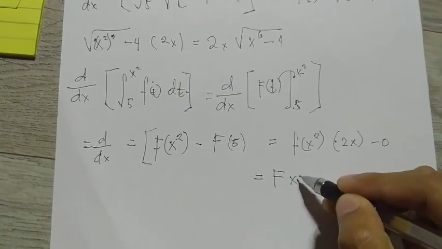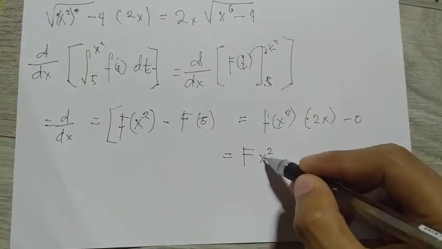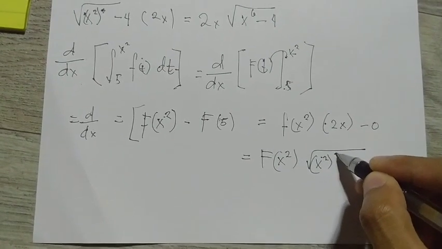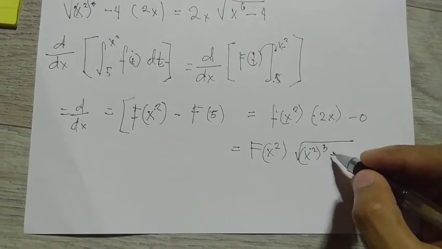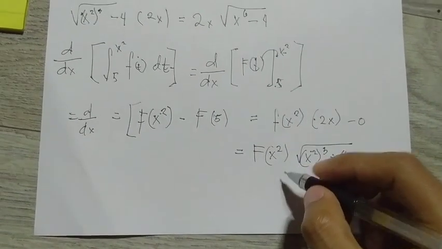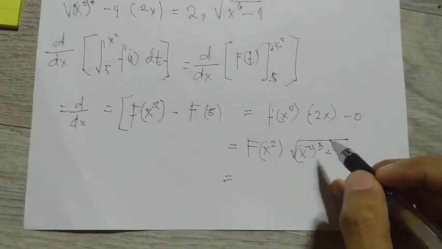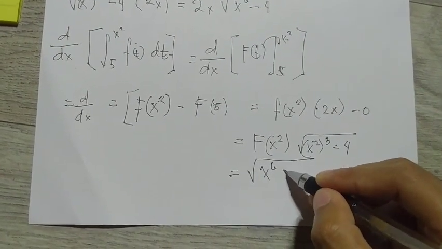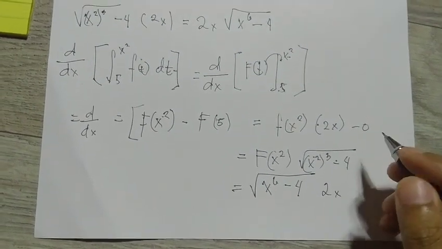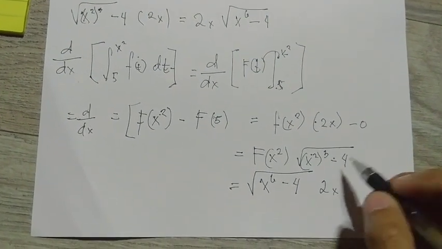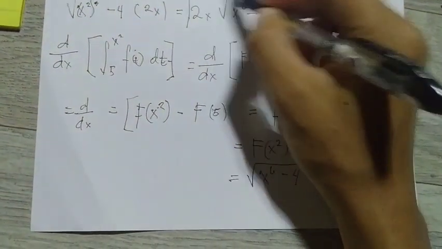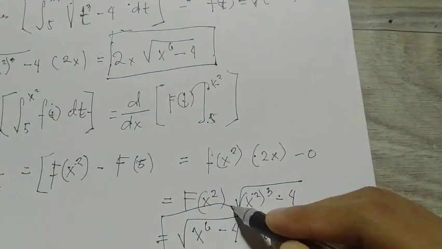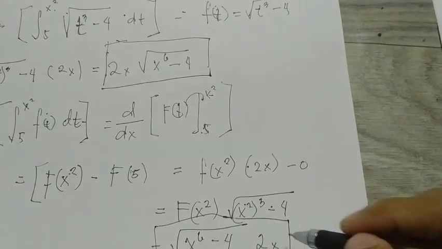So f(x squared) is the square root of x squared raised to the power of 3 minus 4, which is equal to 2x times the square root of x raised to the power of 6 minus 4. So it is the same answer.